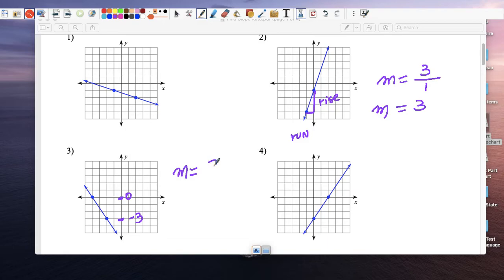The change in y is 3 units. And what about the x value? It goes from here to here. If you count it, it's 2 units. But because the slope is negative, we put a negative sign. And there's my slope: m equals -3 over 2.